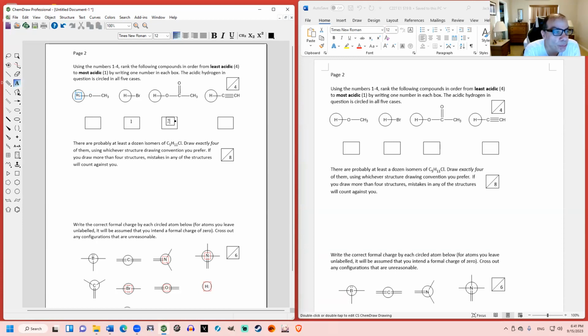That means that if a strong enough base pulls off this proton and you get O-, the minus charge is at least on an electronegative atom. If you take a strong base, and it'll take a really strong base to pull off this proton, although it is possible, that will put the minus charge on the carbon, and carbon is significantly less electronegative than oxygen. So I think the best answer is the alcohol being number 3 and the terminal alkyne being number 4.